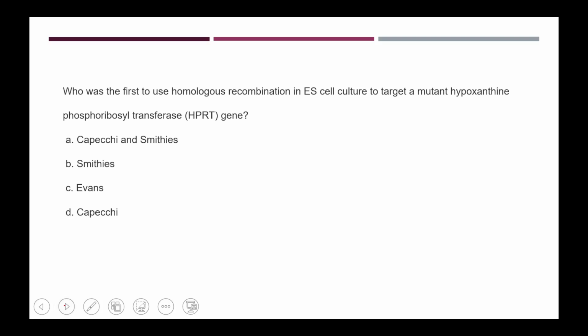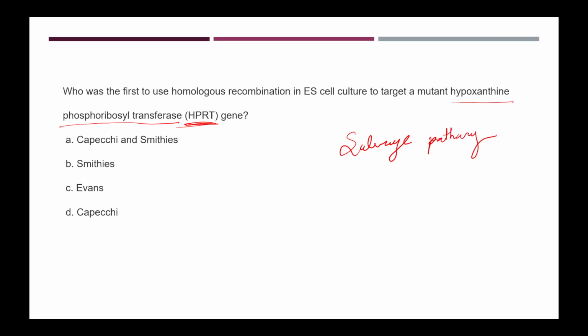was the first to use homologous recombination in embryonic stem cell culture to target a mutant hypoxanthine phosphoribosyltransferase gene. Okay, so this is a mutant hypoxanthine phosphoribosyltransferase gene, which is involved in the salvage pathway. Smithies, as we have talked, was the first one to discover that homologous recombination causes the allelic variation in the globulin gene.